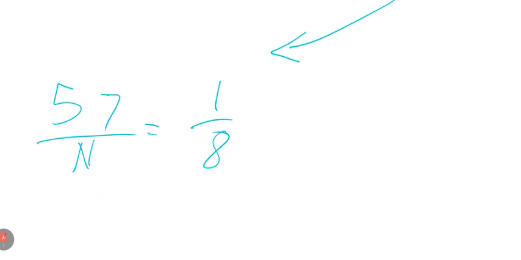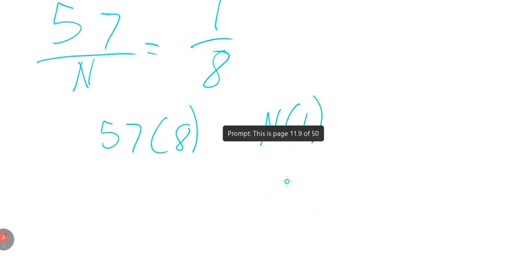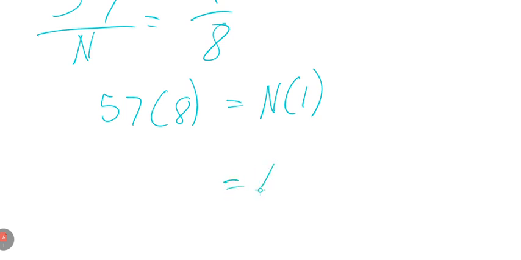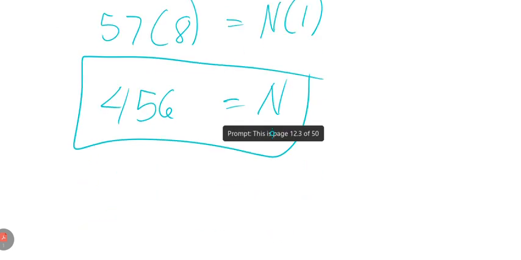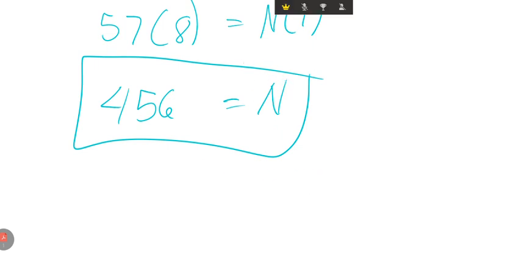That's going to be given as 57 times 8 equals n times 1, which gives n equals 57 times 8, that's about 456. So the total number of fish in the lake is about 456. That would be the estimate.